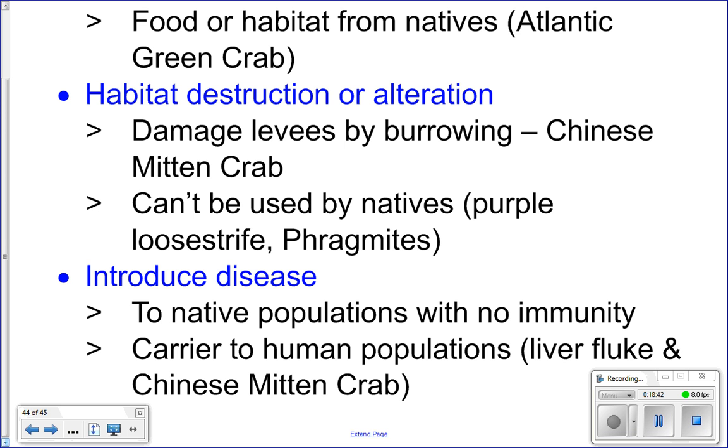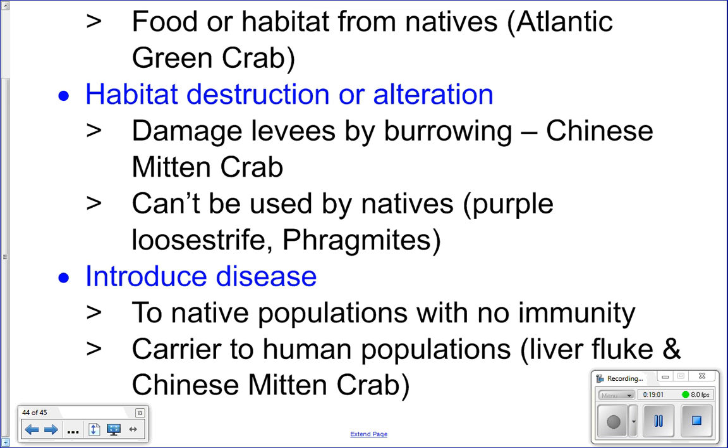Some of these can be diseases introduced to humans. So we actually have liver fluke that comes in the Chinese mitten crab, and we can't eat the Chinese mitten crab because it carries this liver fluke and we could get sick from it. It also can affect native populations.